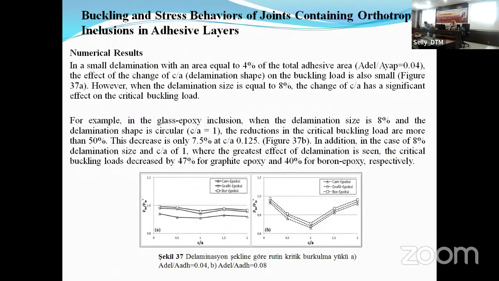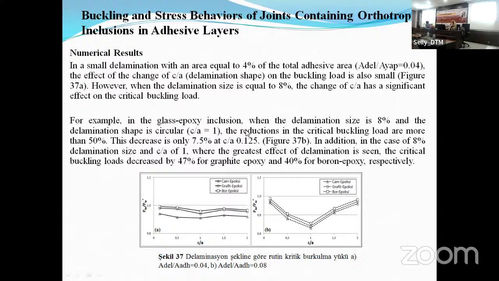What about the material? It is a small delamination with the area equal to this behavior, and we can take glass epoxy, for example. In glass epoxy inclusion, the delamination size is 8% and the delamination shape is circular.